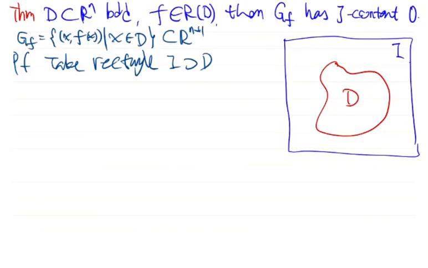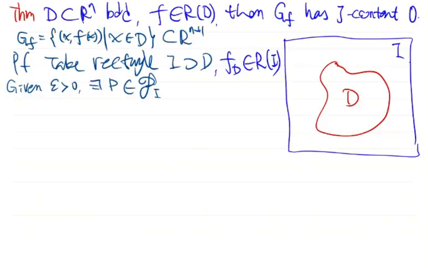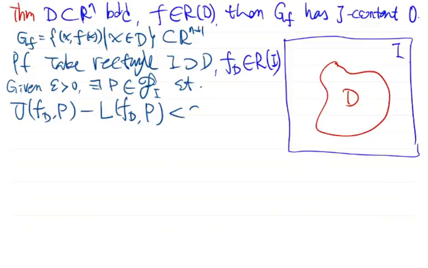Then, by definition, f_D, the zero extension of f, is integrable over the rectangle I. Therefore, given epsilon positive, we can find a partition of the rectangle I, denoted by capital P, such that the difference of the upper sum with respect to this partition and the lower sum of f_D with respect to this partition is less than epsilon.